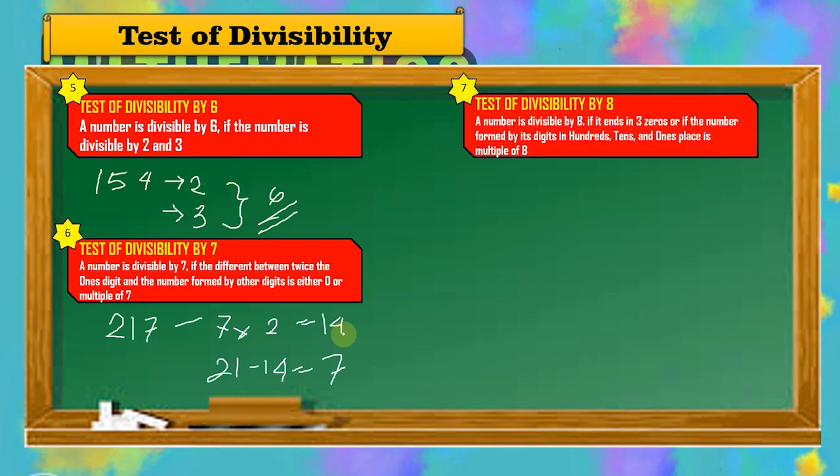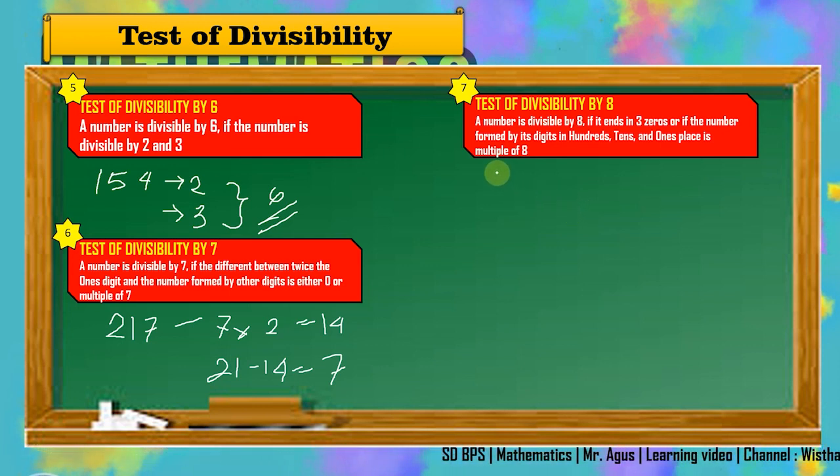Move to test of divisibility by 8. A number is divisible by 8 if it ends in 3 zeros or if the number formed by its digits in the hundreds, tens, and ones places is a multiple of 8. So there are two requirements here.